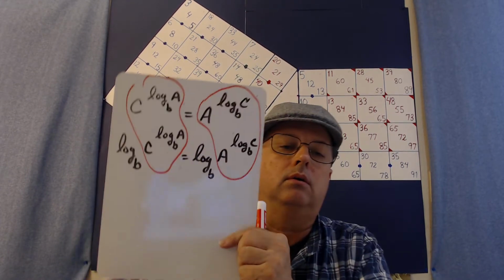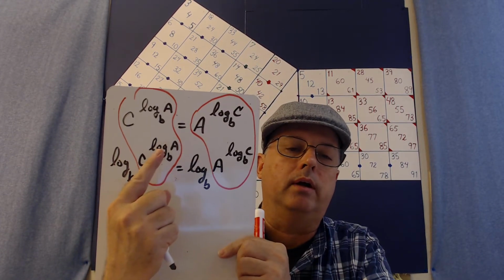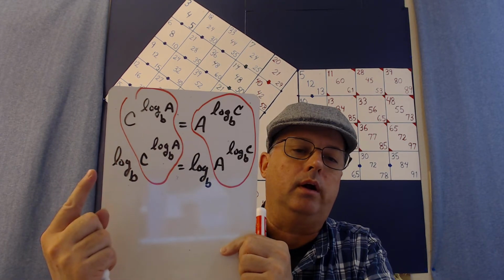When you have a power to a power here, you can just put this down in front, right? So now I'm going to write this as log base b of a times log base b of c.